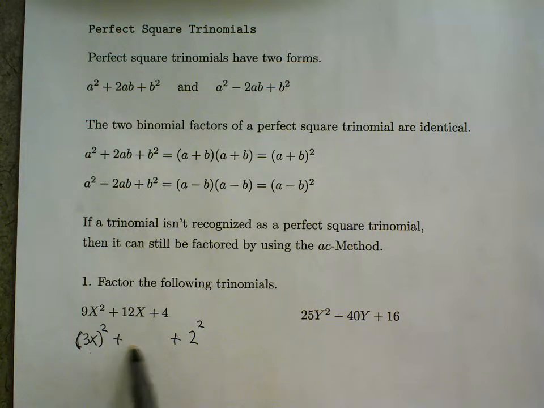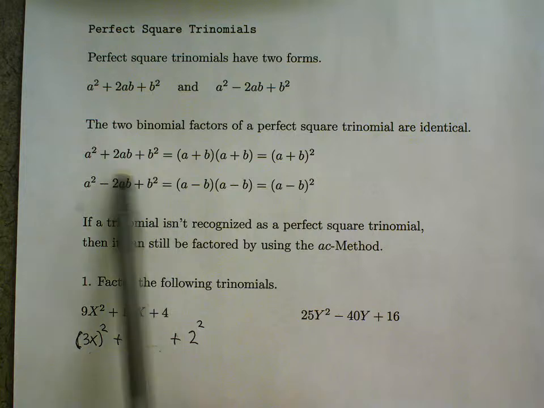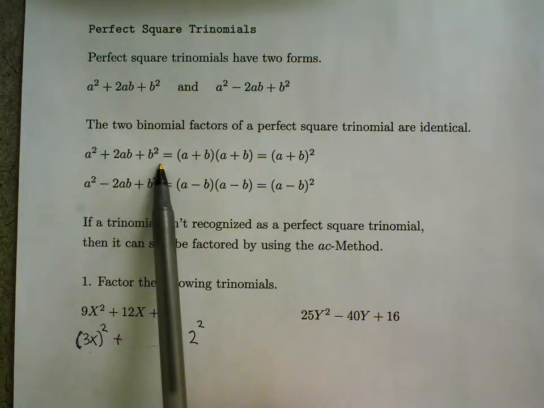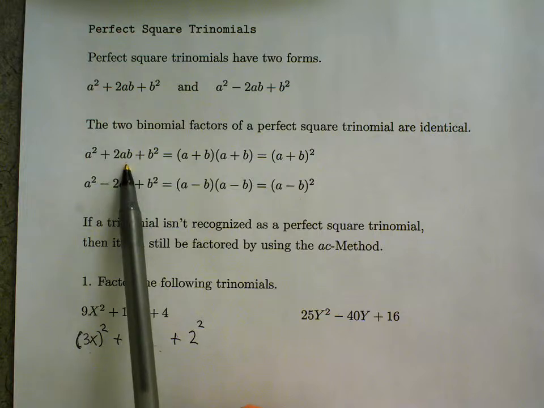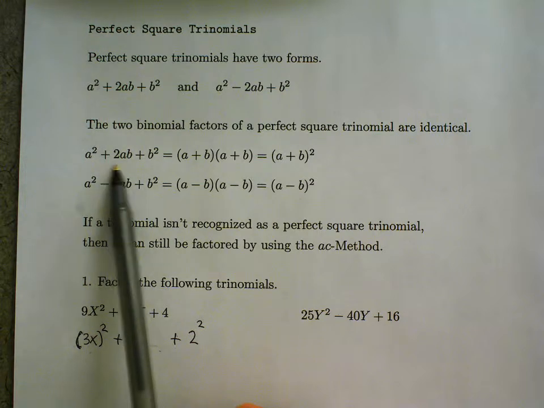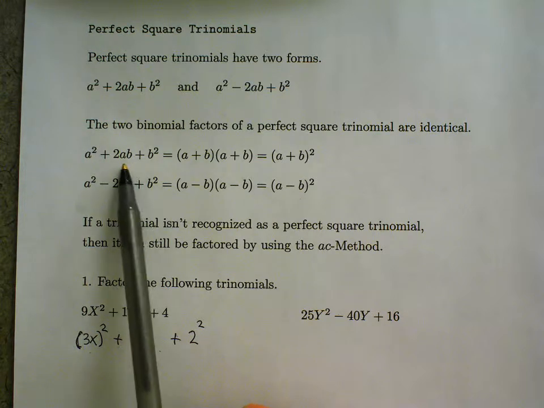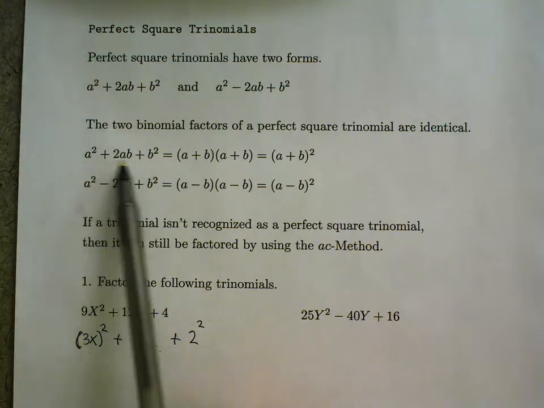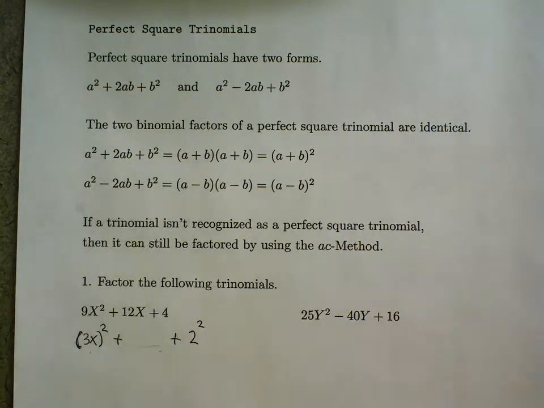The middle part has to have the correct form. So we'll go up here and check. We'll look at a to the second plus 2ab plus b to the second. The middle term has to have the form 2 times a times b, where a is the square root of a to the second and b is the square root of b to the second.